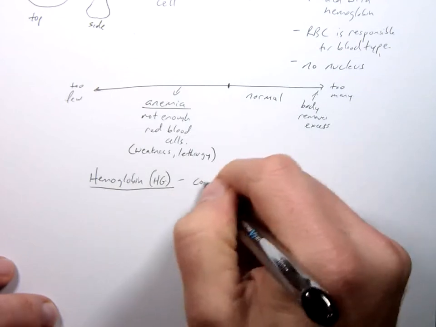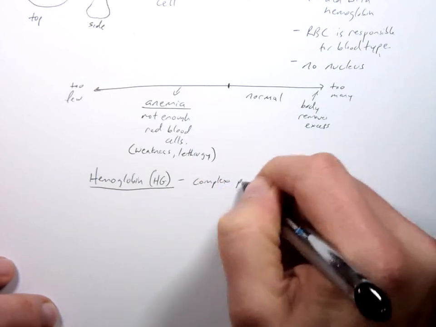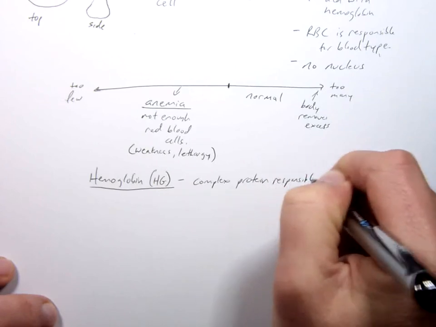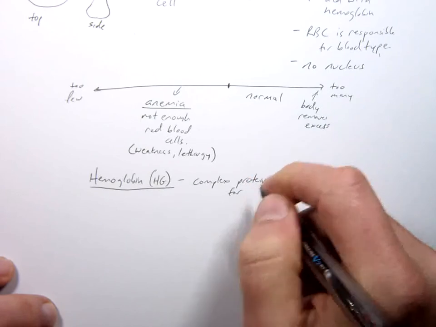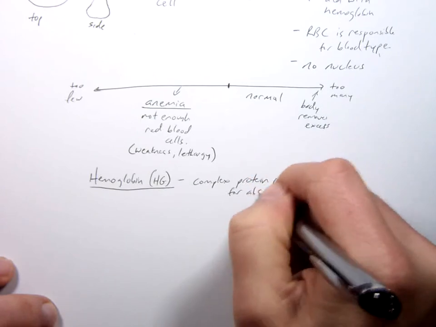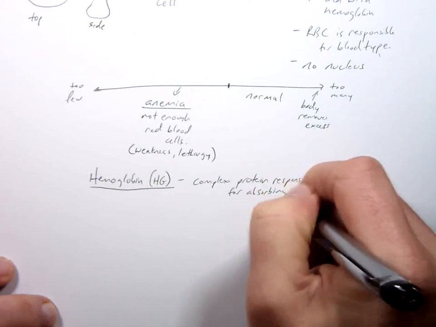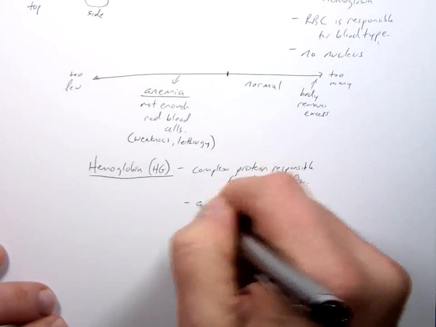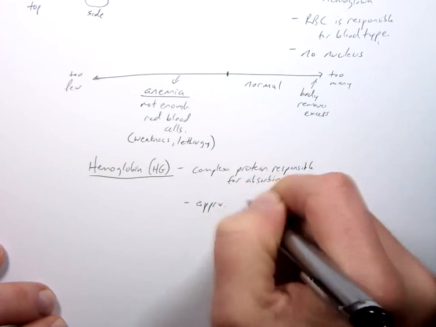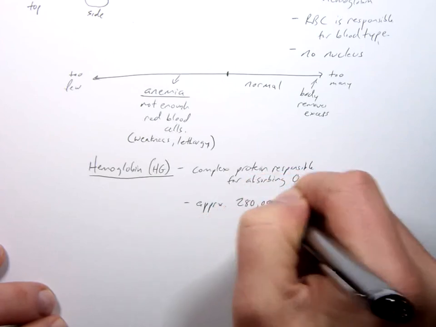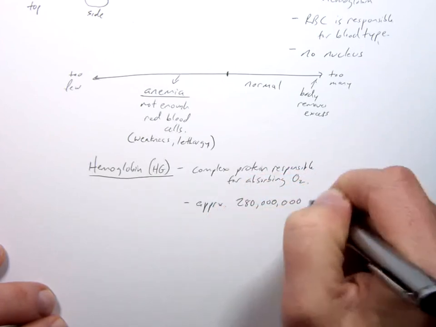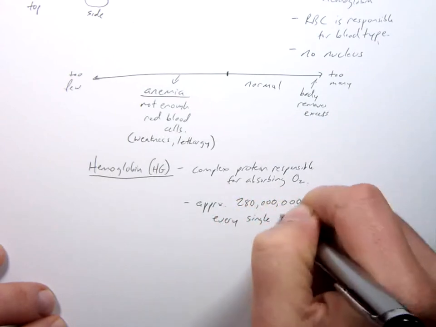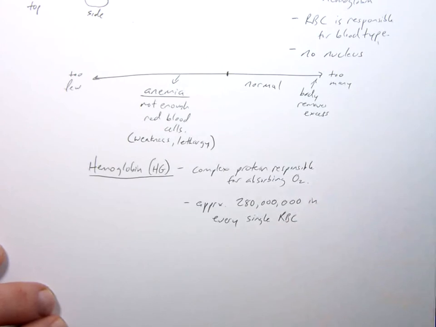This is the complex protein that I just showed you, responsible for absorbing oxygen. There are approximately 280 million of these in every single red blood cell. That's a lot.